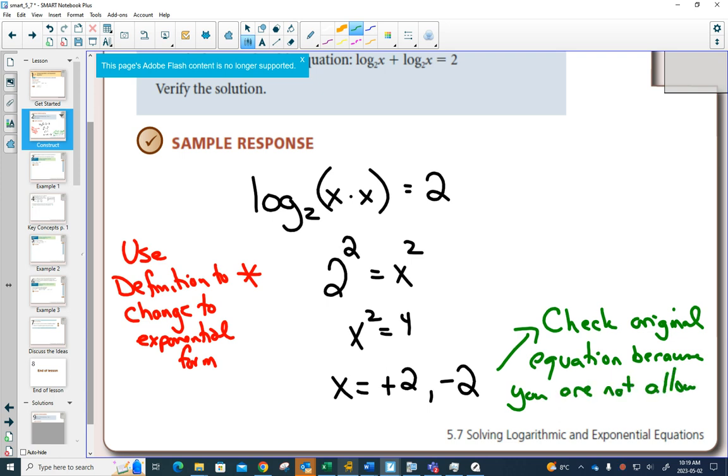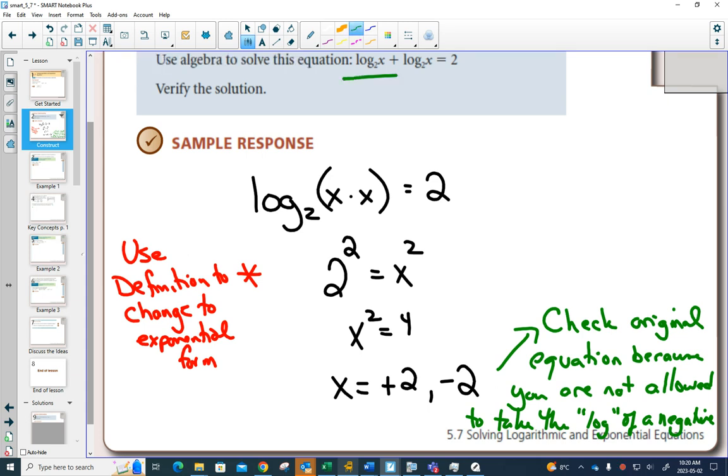The final thing that you're going to need to do is check your original equation, because you're not allowed to take the log of a negative. What's our original equation? Our original equation is up here, the very start.